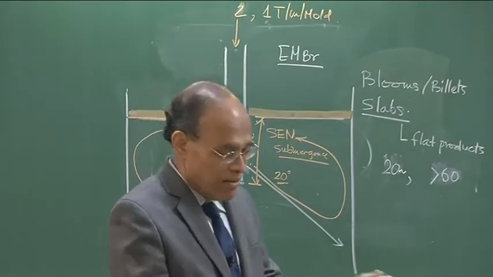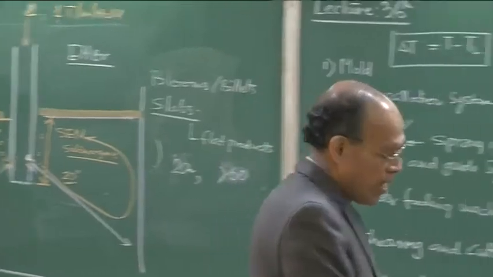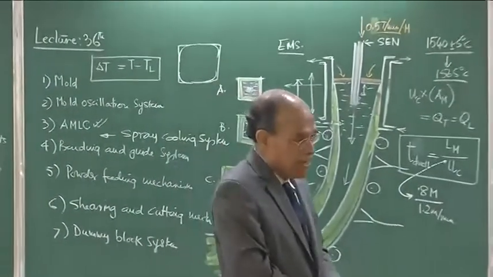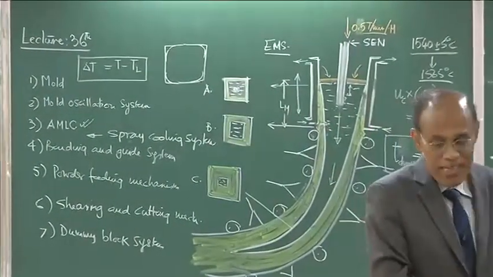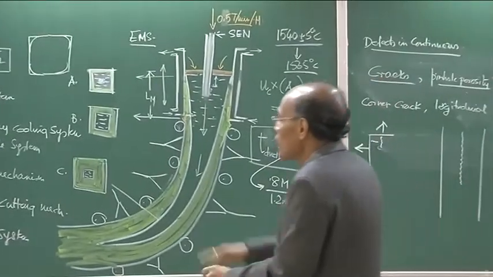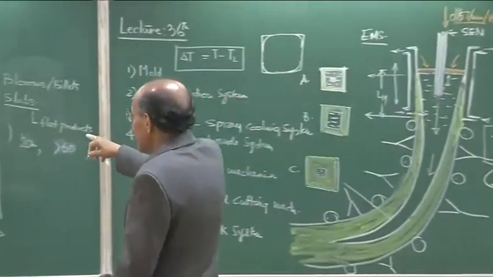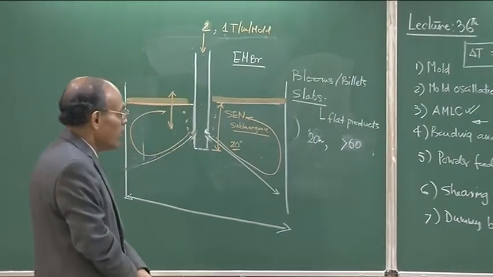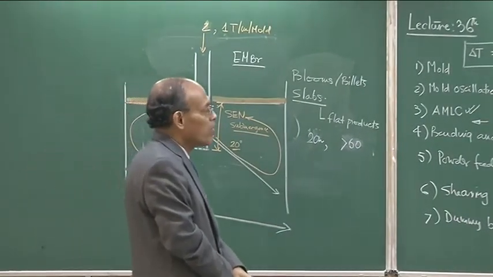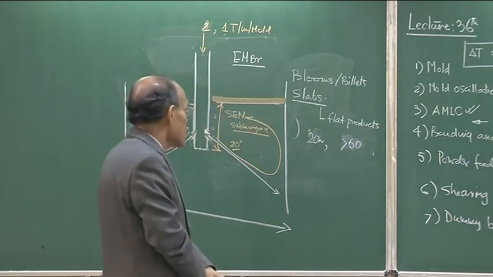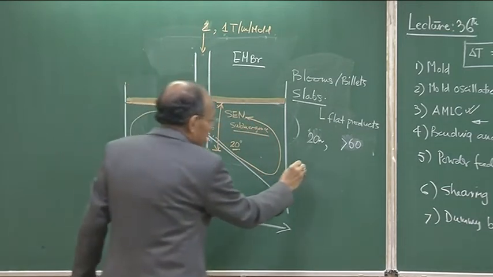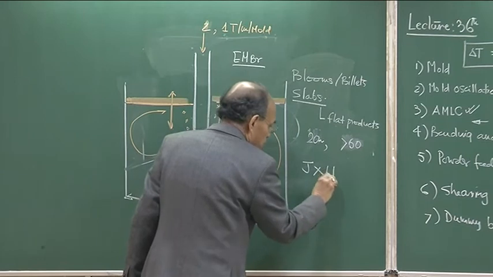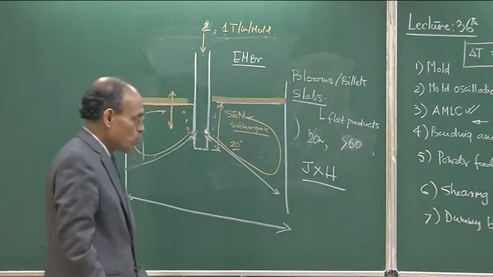So the current intensity as well as the magnetic field intensity, these are two vectors, they interact, providing a resultant force which acts on a liquid like steel. It will not act like that in aluminum or copper because of the magnetic properties of the materials.